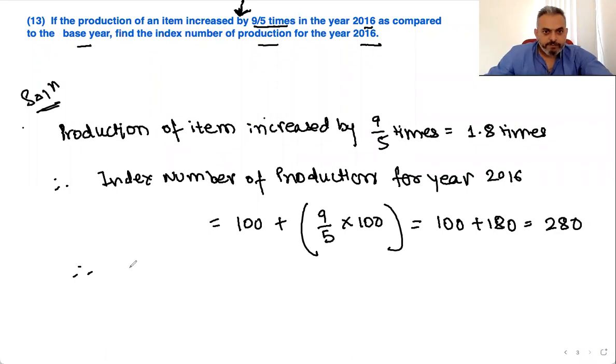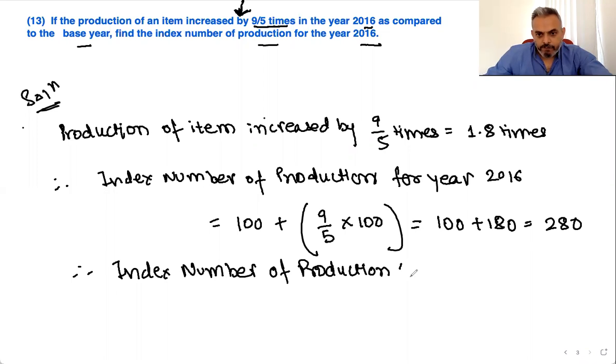Therefore, index number of production for 2016 is equal to 280. Answer.